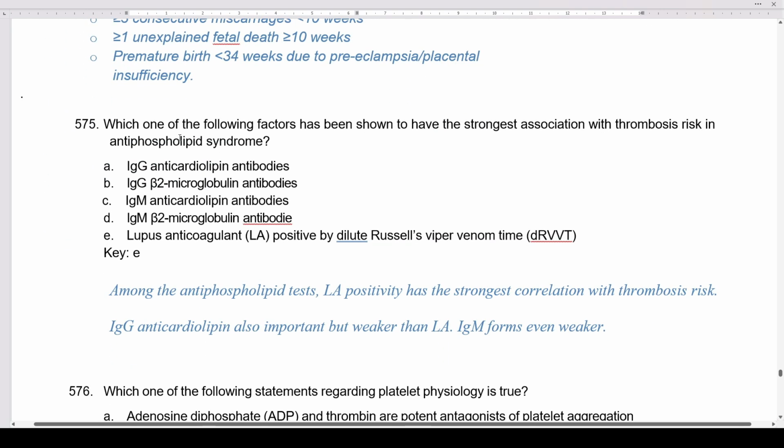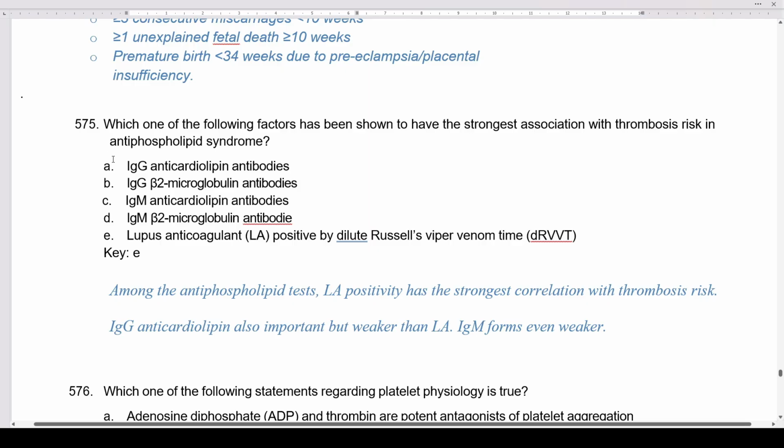Okay, next is, which one of the following factors has been shown to have the strongest association with thrombotic risk in antiphospholipid antibody syndrome? In antiphospholipid antibody syndrome, we have three types of antibodies. One is lupus anticoagulant, other is anticardiolipin antibodies, IgG and IgM, and the other is beta 2 glycoprotein, not beta 2 microglobulin, also IgG and IgM type.